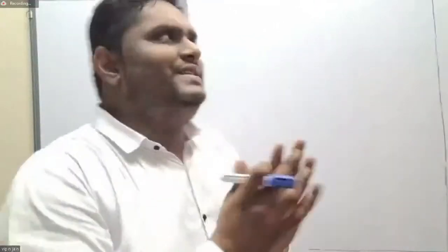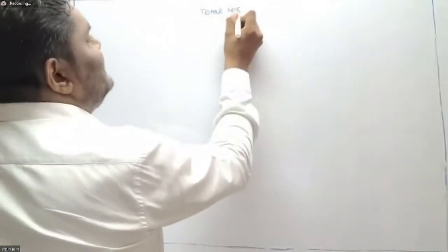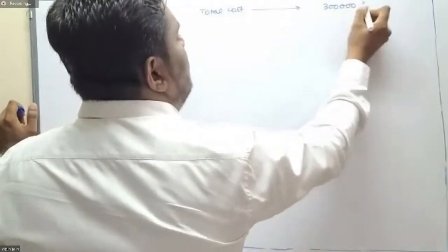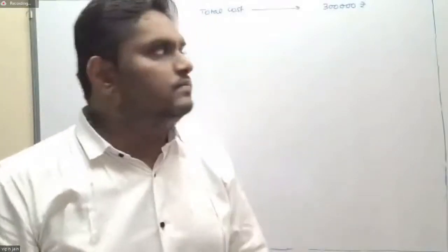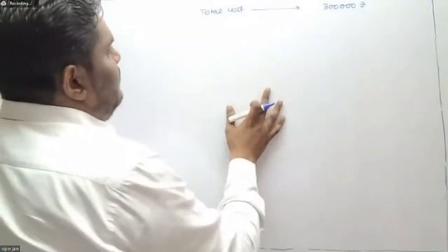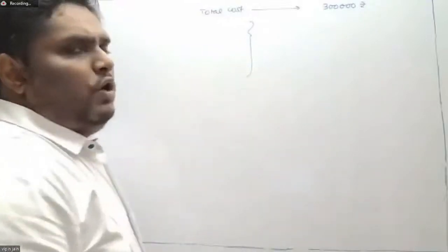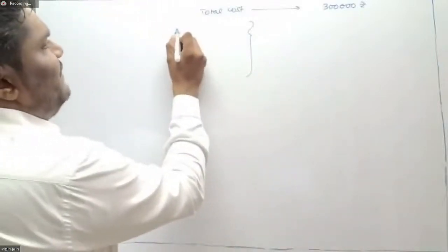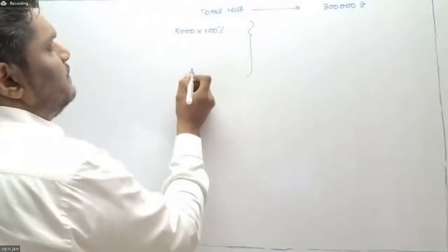Now let's take a different scenario. Let's say the total cost incurred is 3 lakh rupees. When talking about the number of units that were produced at year end, let's say 5,000 units were produced, which were 100% complete.